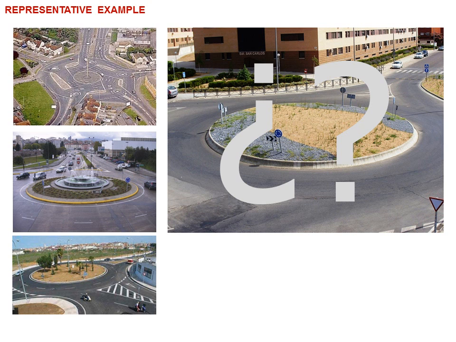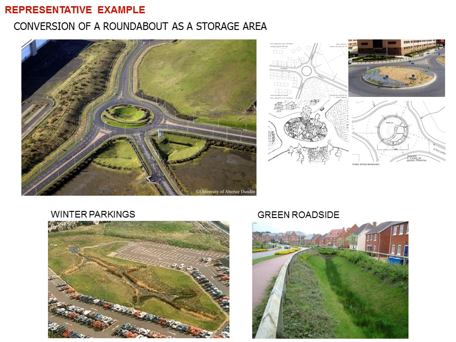This is a representative example of concave edification. Where is the water in this roundabout going to? This is a representative example for the conversion of a roundabout into a storage area, talking about concave edification. The same philosophy or idea can be applied in winter parkings and in green roadsides.